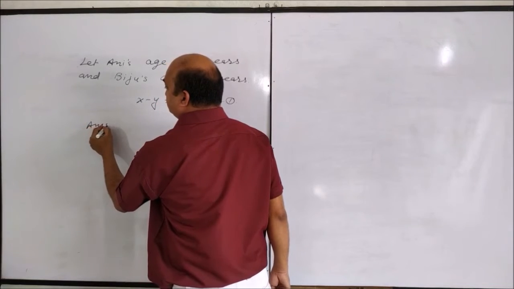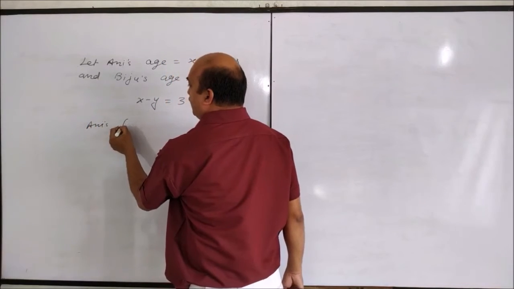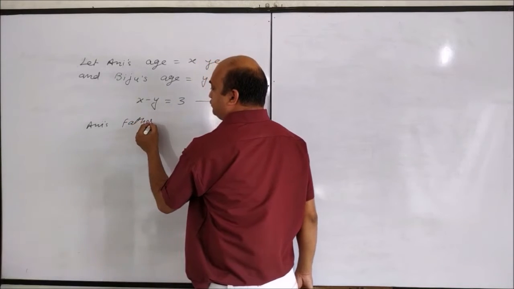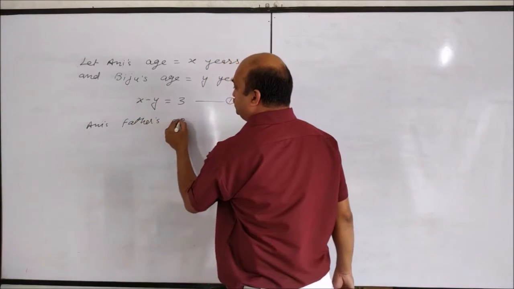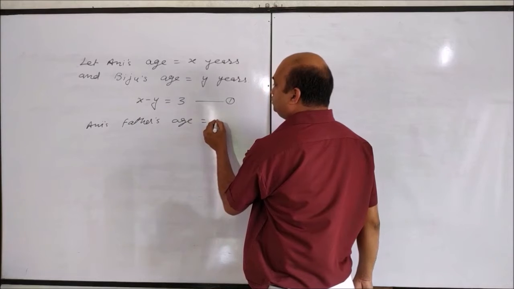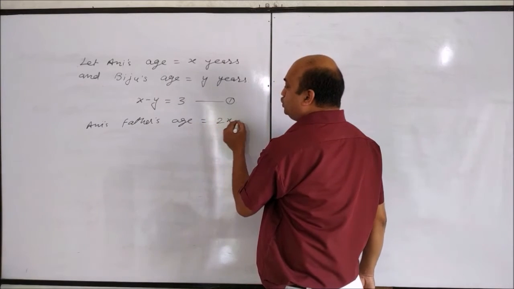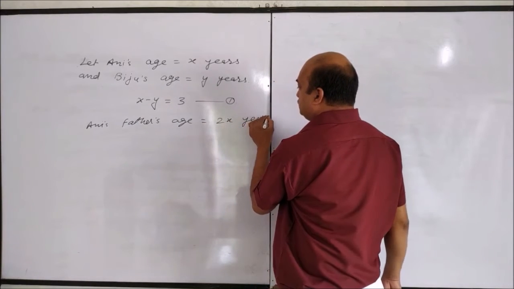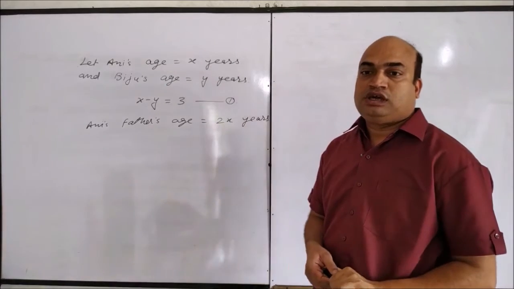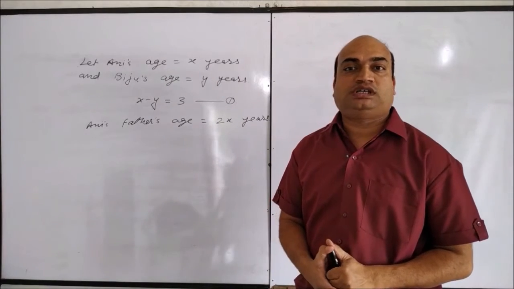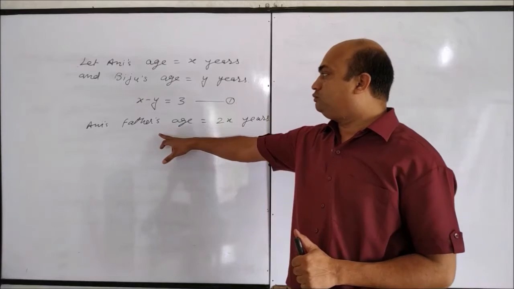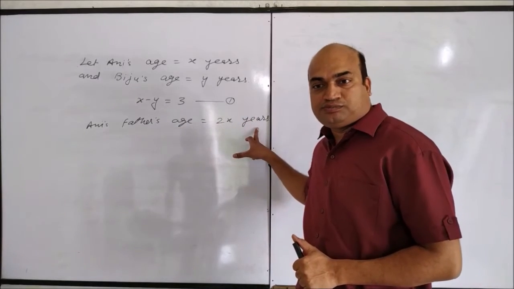Annie's father's age is equal to 2x years. It is said that Annie's father Dharam is twice as old as Annie, therefore Dharam's age is 2x years.